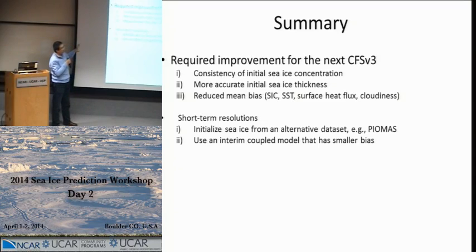So what we want to do is something between now and then. We want to initialize the CS initial condition from an alternative data set like a biomass, and use another interim coupled model, which has a better representation of the surface fluxes, and hopefully this will result in an incremental forecast skill improvement. Thanks.